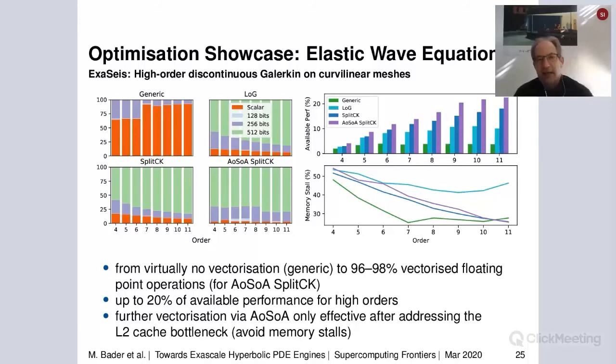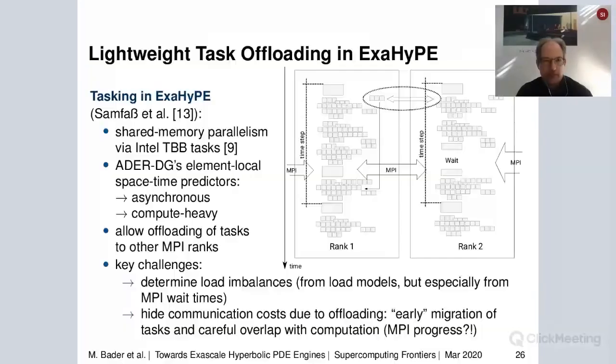And you also see that the available performance is increasing to more than 20% of peak in the right plot. And the dimension splitting scheme that I mentioned on the previous slide is basically responsible for reducing the memory stalls that we measure in the cache usage.